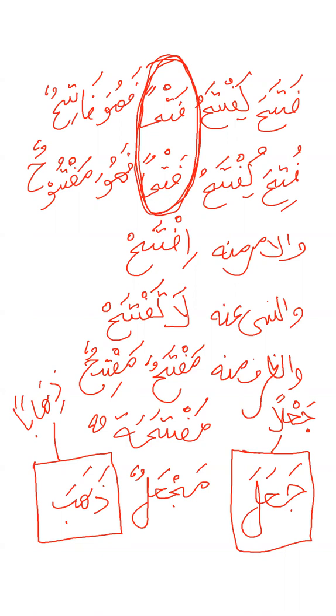Now let's do the next family. Family 1, Baab, or this is another way of calling it family.